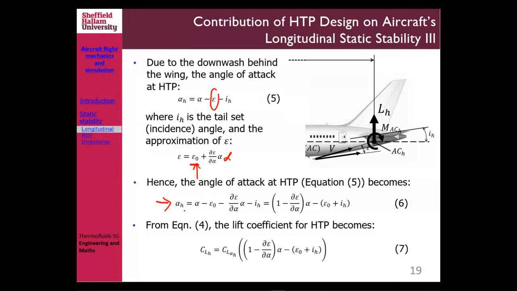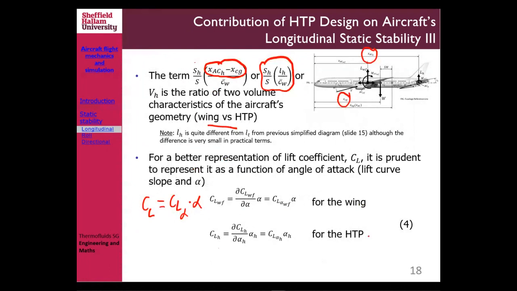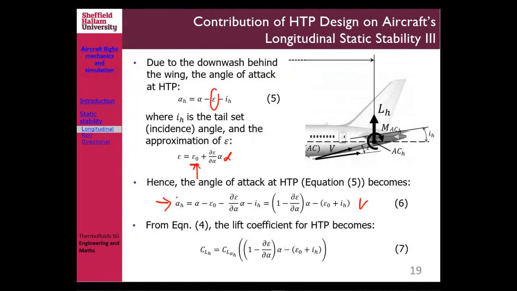But you could consider the angle of attack that happens on your horizontal tail, which could then be simplified and written in this kind of expression, right? And then from equation 4, the previous equation, this one, you know that CLH is CL alpha horizontal times alpha horizontal, and you know that alpha horizontal is this equation, so you could multiply CL alpha horizontal with these expressions over there, right?